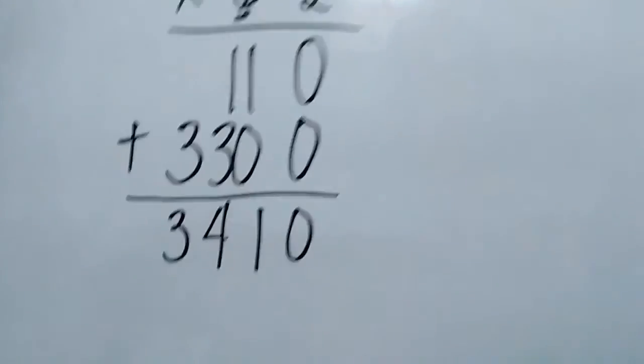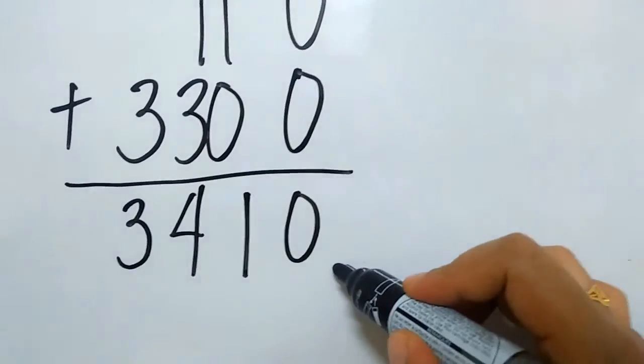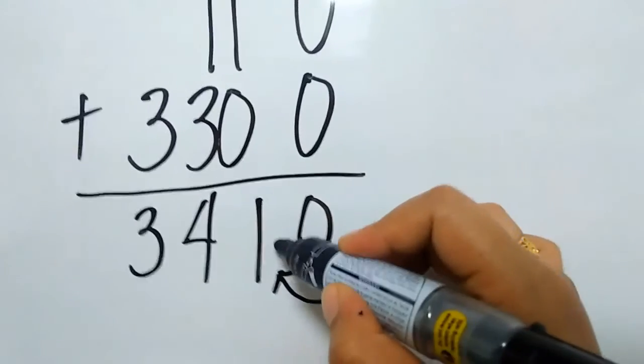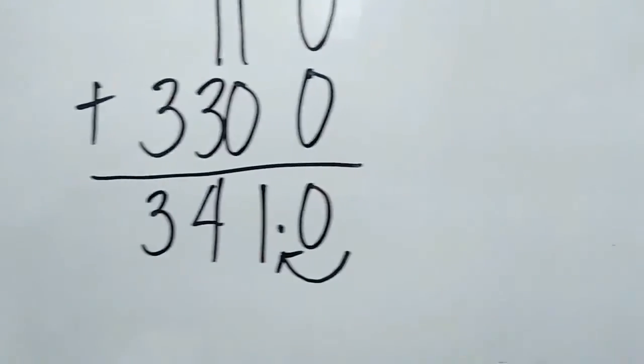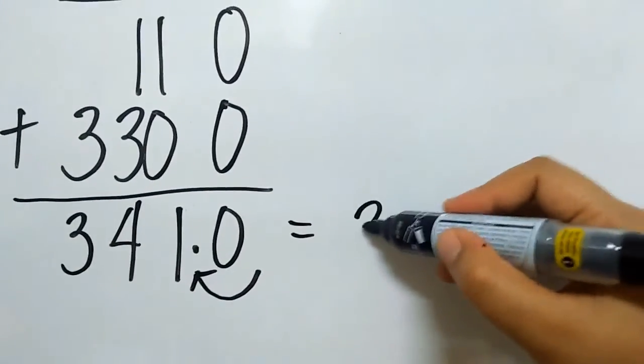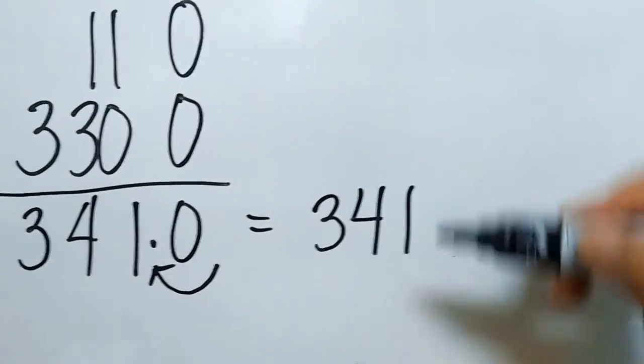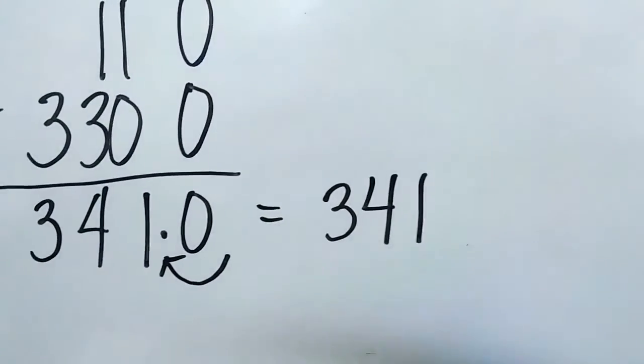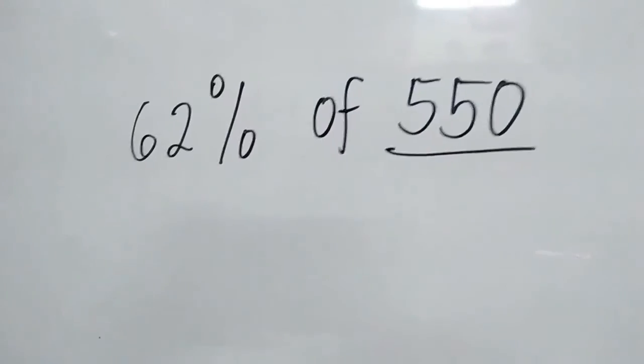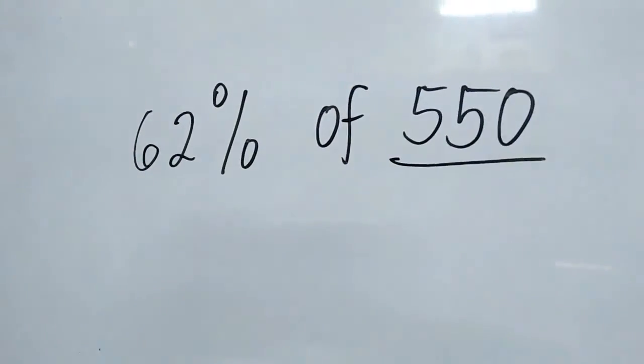So on the answer, just count 1 decimal place by moving 1 unit to the left, then write the point. So this is simply 341.